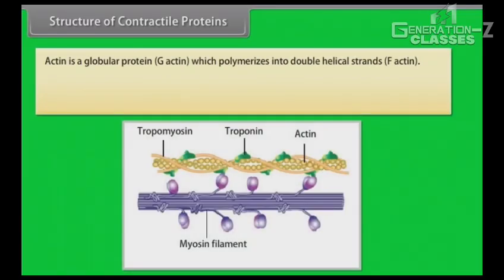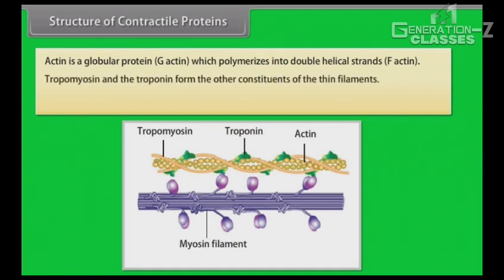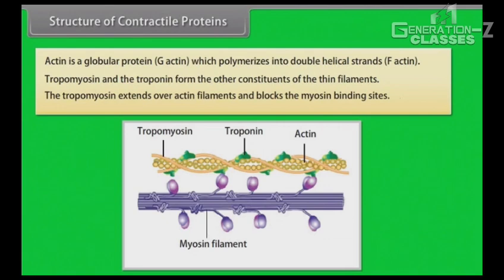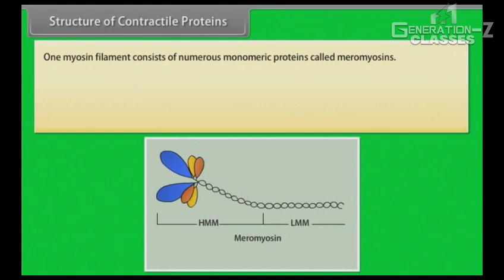Structure of contractile proteins. Actin is a globular protein, G-actin, which polymerizes into double helical strands, F-actin. Tropomyosin and troponin form the other constituents of the thin filaments. The tropomyosin extends over actin filaments and blocks the myosin binding sites. One myosin filament consists of numerous monomeric proteins called meromyosins.